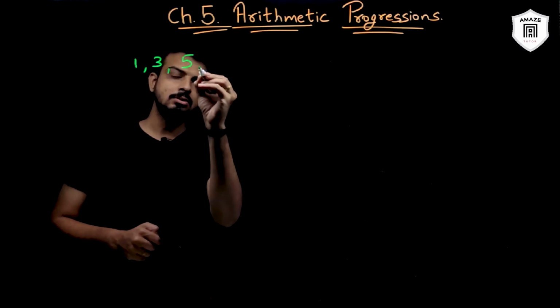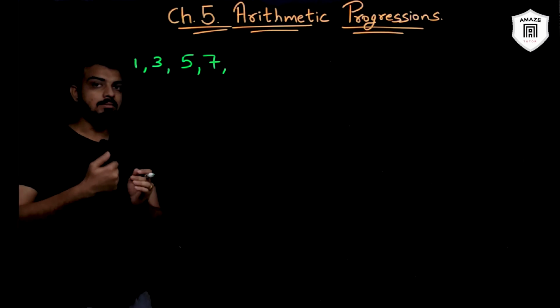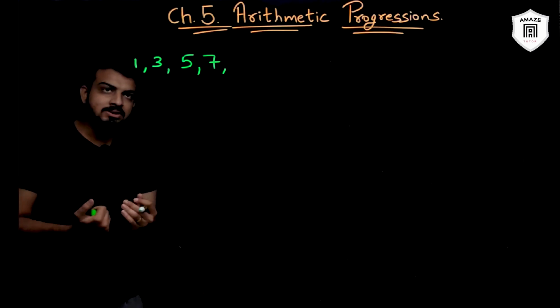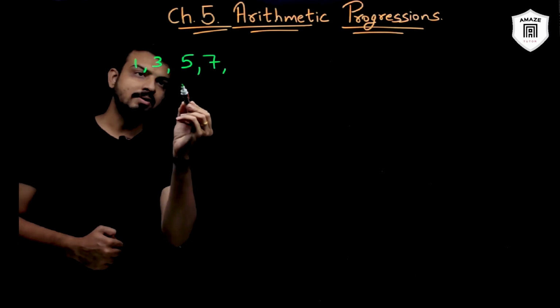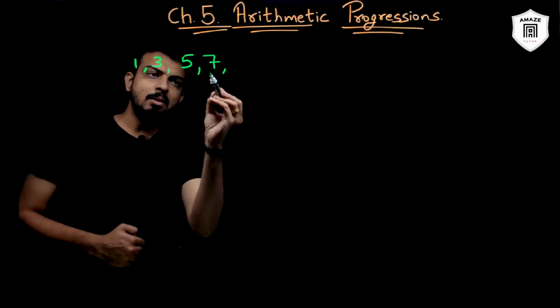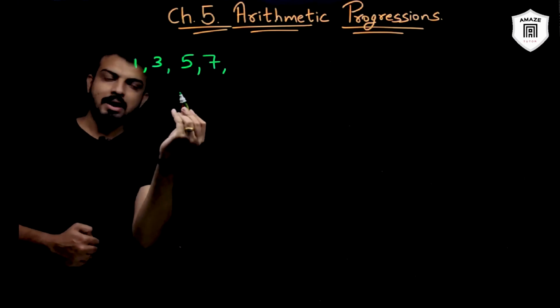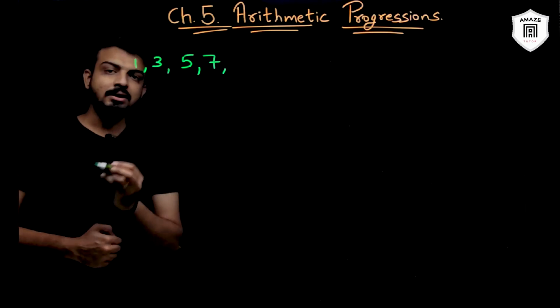let's say one more number 7, and if I ask you what will be the next number, will you be able to answer? Look here, 1, then you are having 3, then 5, then 7. It's nothing but the number is getting added by 2, right? The succeeding number is getting added by 2 if you look at the preceding number, right?